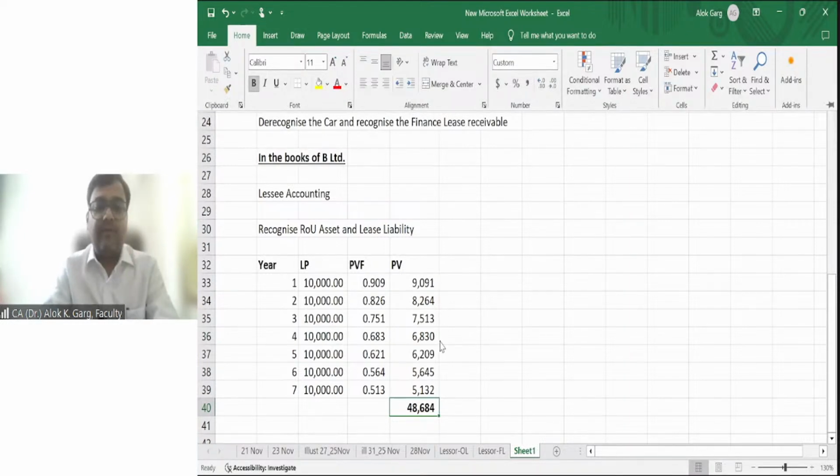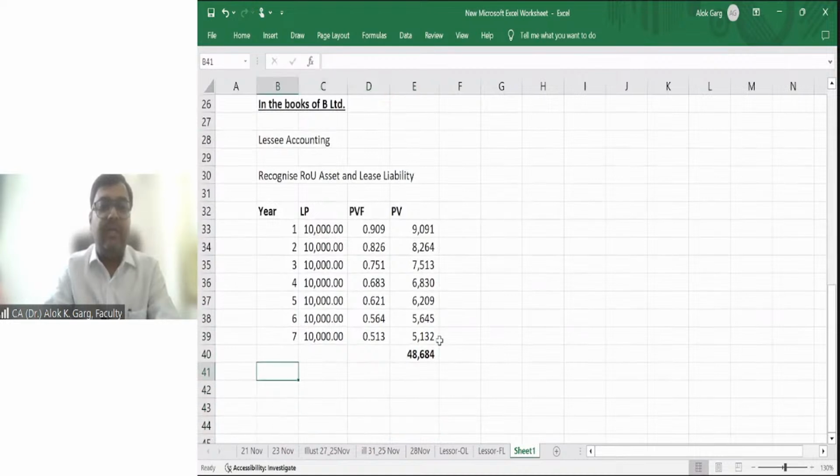This is the value in the books of B Limited, and B Limited will pass an accounting entry.